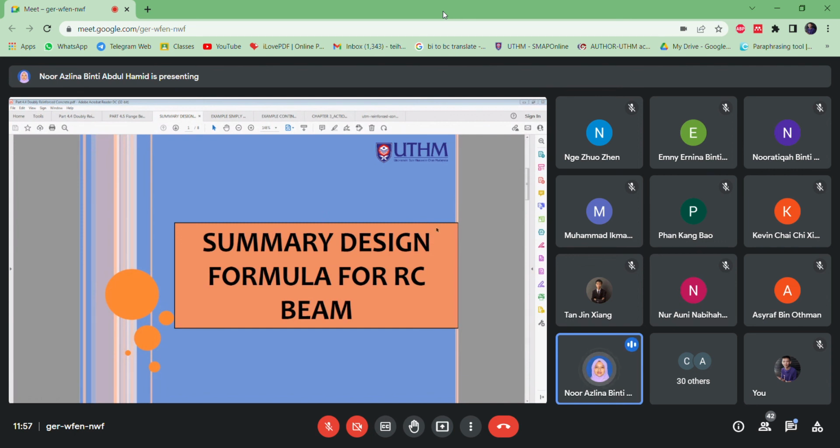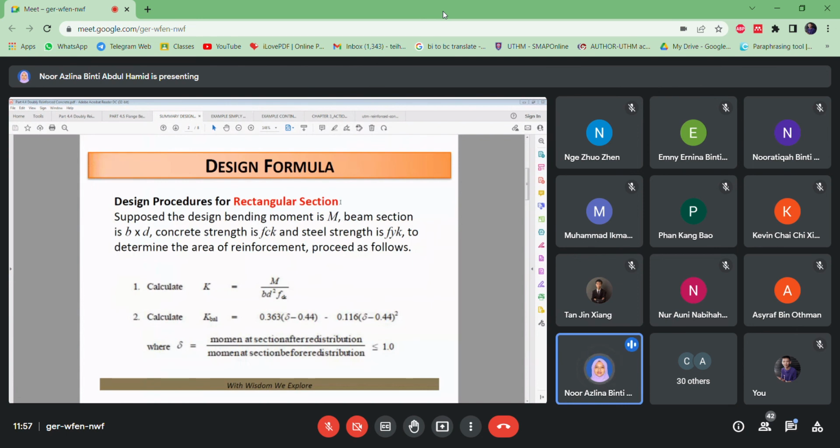Okay, which is this is another method kalau you guna K here. So if you make a comparison with the K, sama juga K dengan K balance. So this is equation for the K, which is M for the moment divided by b d squared fck here, and then compare with the K balance.